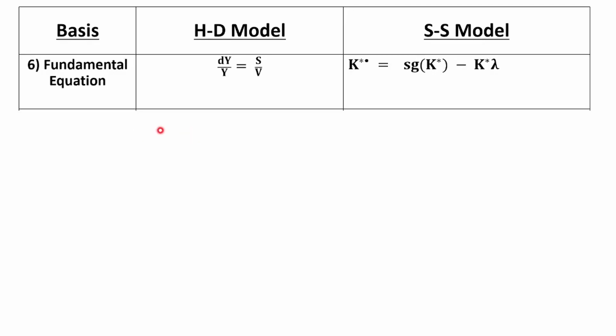So the fundamental equation under the HD model is g = s/v, where s is saving rate and v is capital output ratio. And under the SS model, it depends upon actual investment minus required investment.